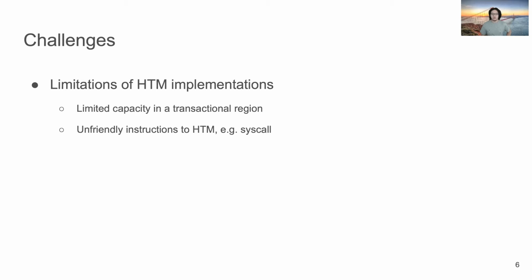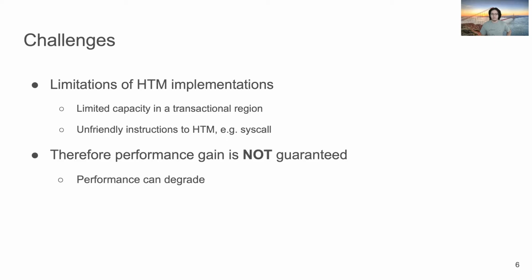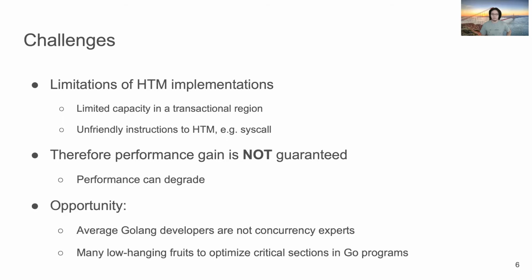Also, there are certain instructions unfriendly to HTM, like syscalls or IO. For example, if we have an IO operation in a transaction, the transaction is guaranteed to abort. Therefore, the performance gain is not guaranteed, and sometimes you can observe huge performance loss.